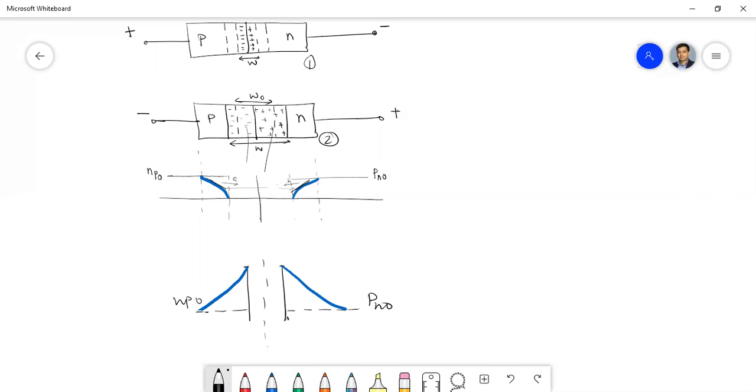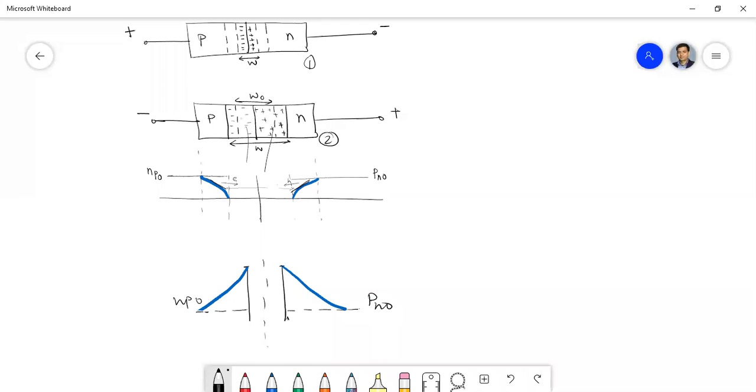Okay, now due to this change in distribution along this space charge region, it is also called the carrier injection, because previously the distribution was not like this.